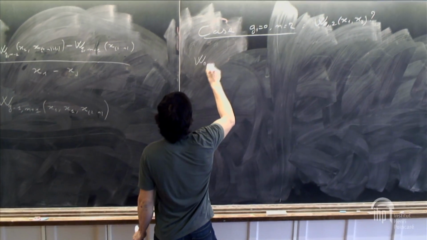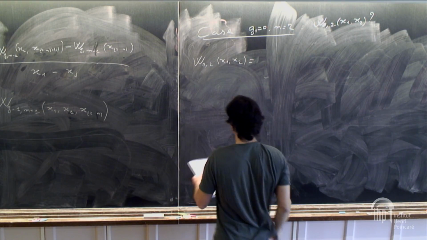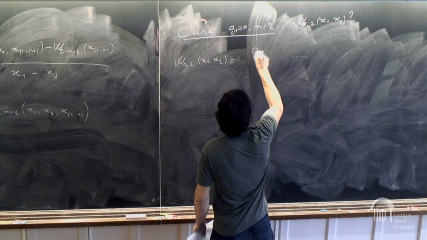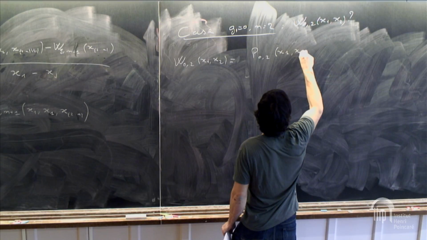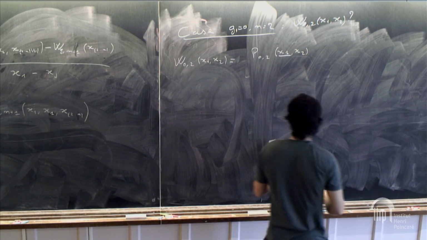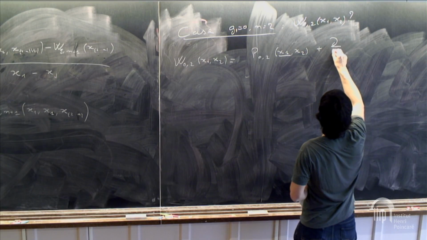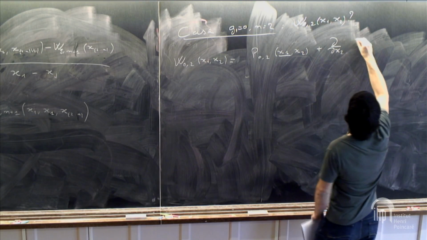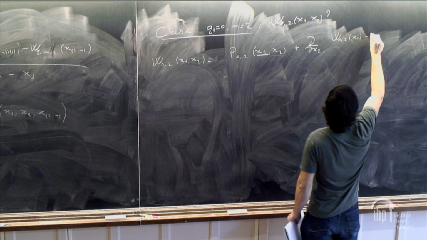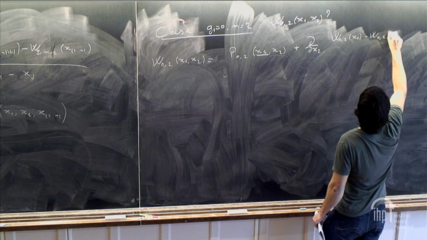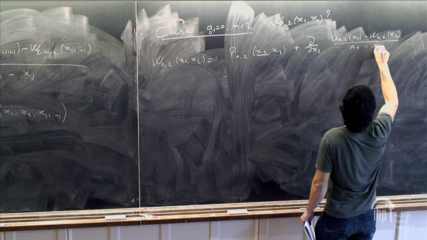And it gives me what? W_{0,2} of x1, x2 is equal to P_{0,2} of x1, x2, which is a polynomial in x1, plus in the sum, I just have one term, the derivative in x2 of W_{0,1} of x1 minus W_{0,1} of x2 divided by x1 minus x2.